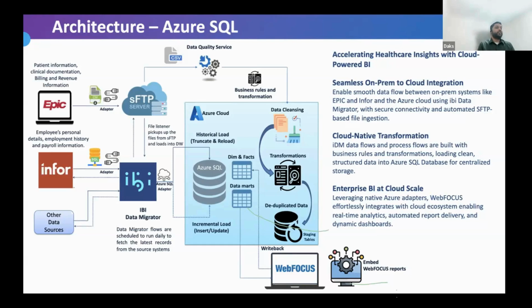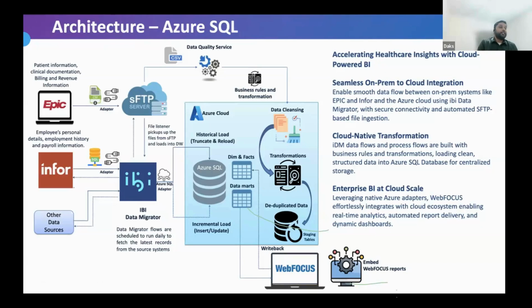The first one that you're seeing here. So I'm going to go from left to right here. The first one that you're seeing here, the Data Migrator tool stack is using the named adapters to connect to on-premise data sources. And on the right side, if you take a look at it, it is connecting to Azure SQL with, again, a named adapter, the Azure SQL adapter.